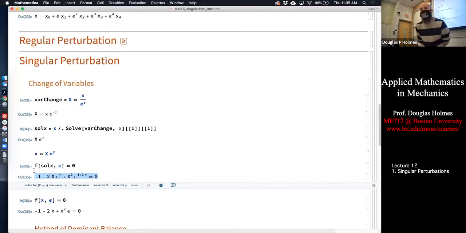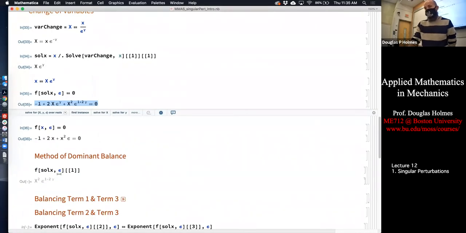And our next goal is to figure out what the magnitude of our exponent gamma is. And the way we evaluate the magnitude of our exponent gamma is through what's known as the method of dominant balance. Conceptually, with the method of dominant balance, let's think back to what our goal is with this variable change.